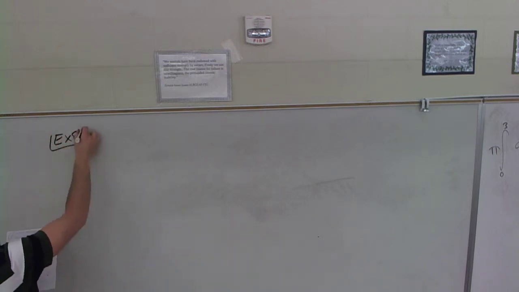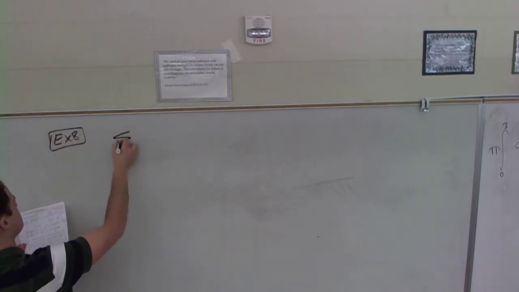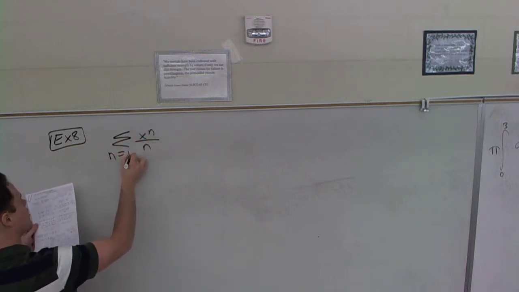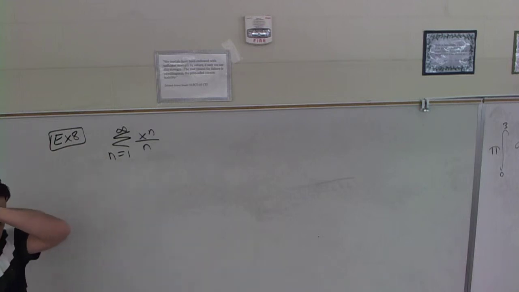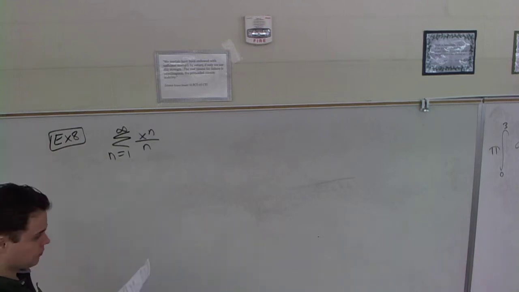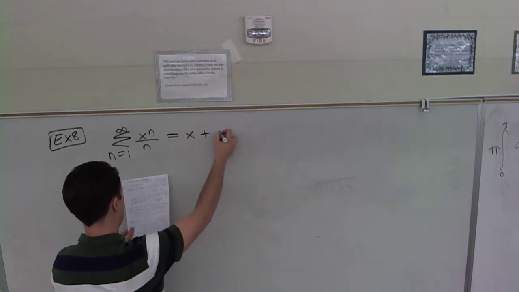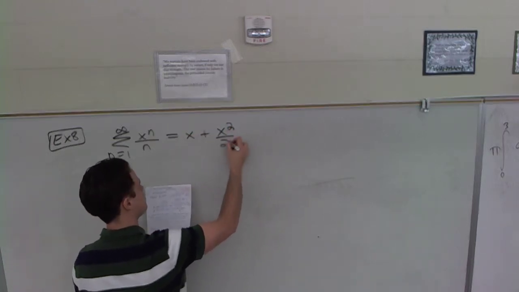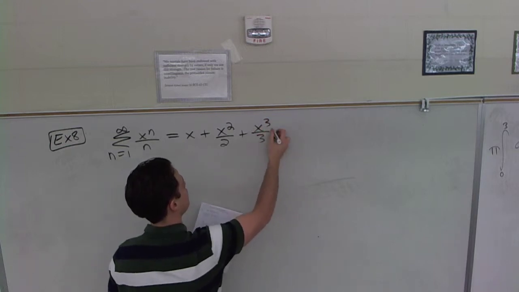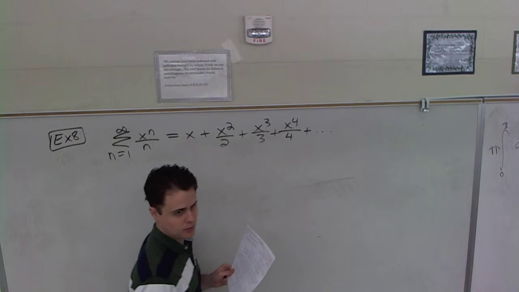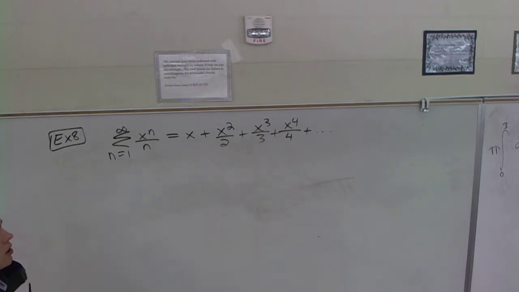So example 8, they said this is a power series from 1 to infinity, a pretty basic one centered at 0, just divided by n. You could even think about what that power series is if you write out a few of its terms. Right, that's the power series we're thinking about.